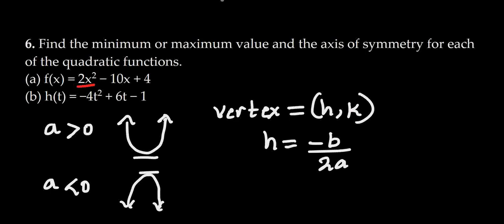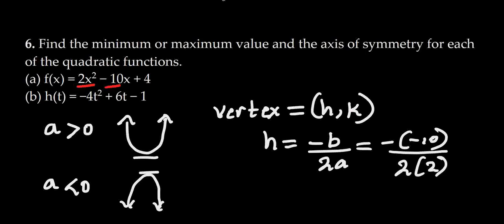And from the given function, the value of b is negative 10, and the value of a is 2. So now let's plug these values into this formula, and we're going to have negative parentheses negative 10 over 2 times 2.